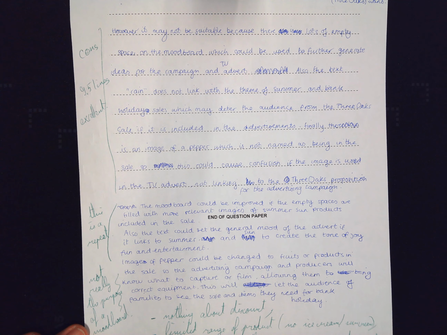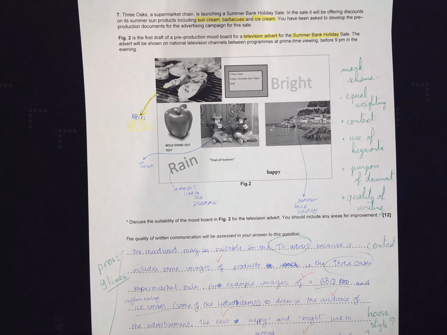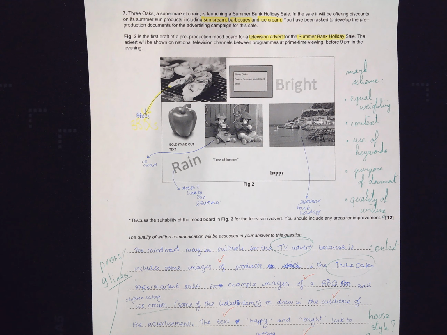So use these words here, and then there's very limited information for them, and the student did mention that in here. So that's really good, and you can suggest that this could be added as annotation in your pre-planning documents. So I hope you will find this useful, and good luck for your exam next week.